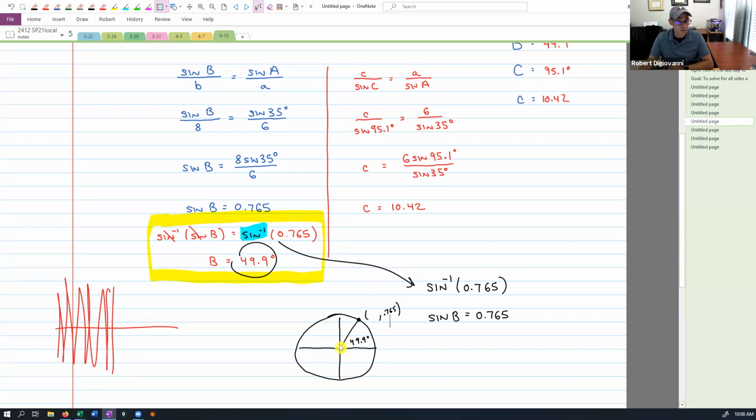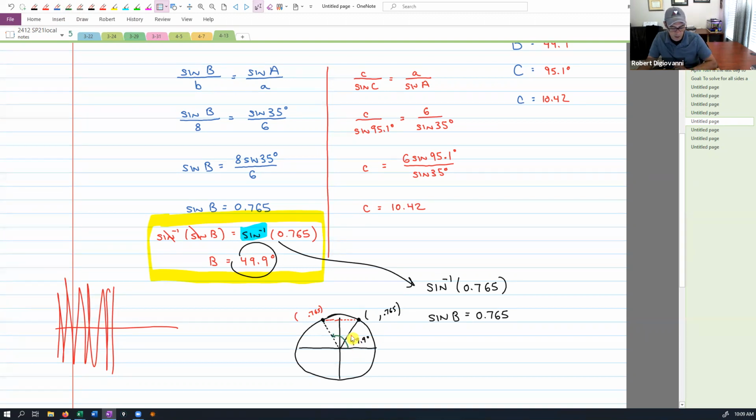But where else could I have that angle? If I'm allowed to look in the second quadrant, do you agree that I would also have that here? They would have the same exact y coordinates, right? This y coordinate and this y coordinate would both be 0.765. So my question to you is, then what is this angle?